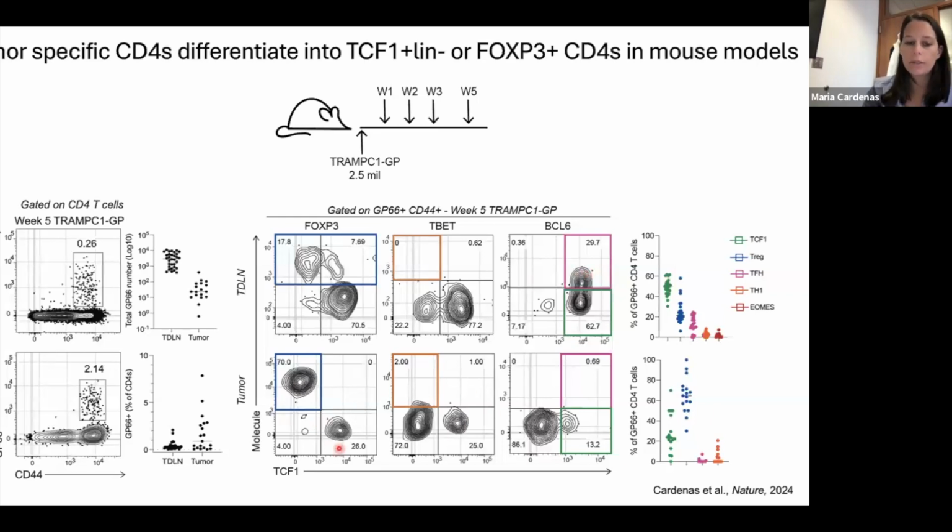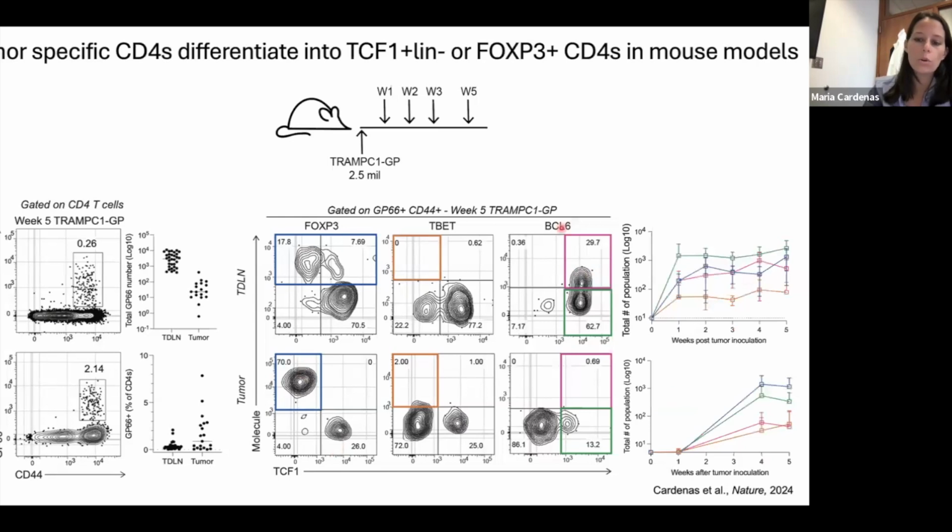Within the tumor itself, at least in the mouse, it's a lot more pronounced that it goes towards a Treg differentiation trajectory. So over 70% of the cells within the tumor itself really go into a FOXP3 positive state, but we still maintain this TCF1 population that is undifferentiated within the tumor itself.